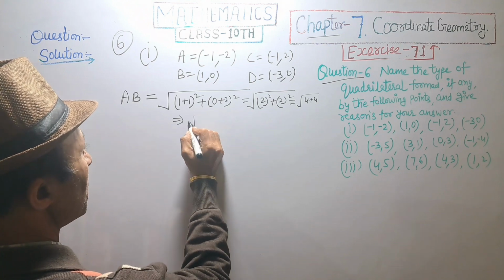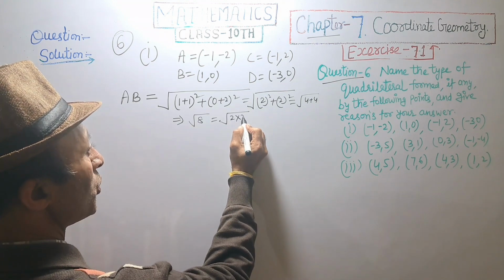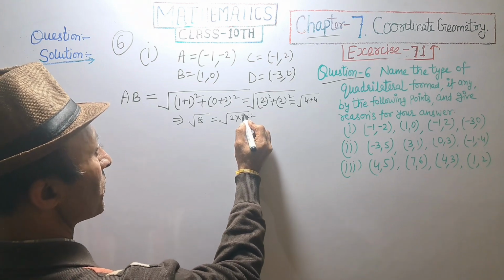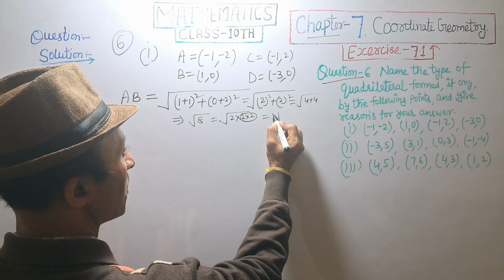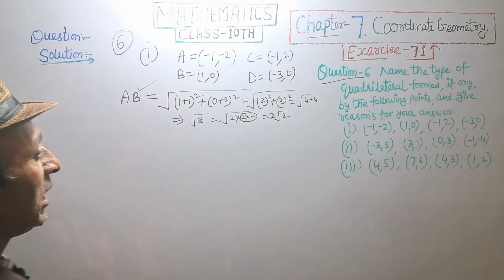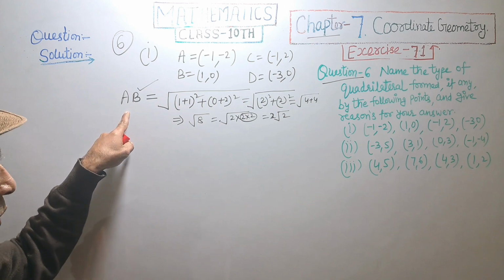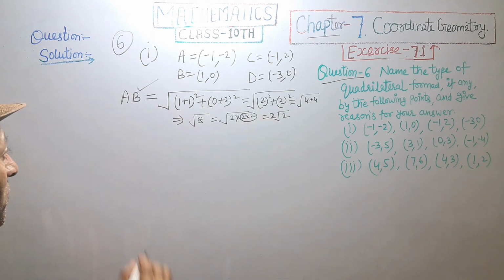This implies under root of 8, which is root of 2 into 2 into 2, and taking 2 common in pair, we get 2 under root 2. Hence AB is equal to 2 under root 2.